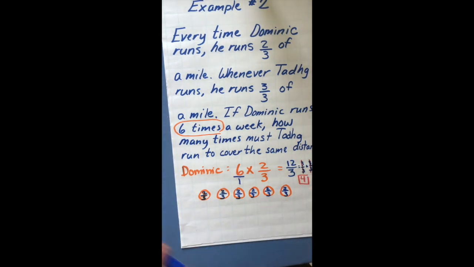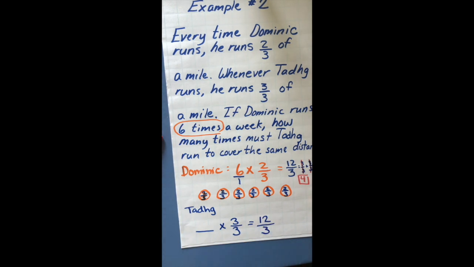Now we have to find out about Tag. So I'm going to write Tag here. Now, I don't know how many times he's going to have to run, but I do know whenever he runs 3/3, that needs to equal 12/3 or 4, right?